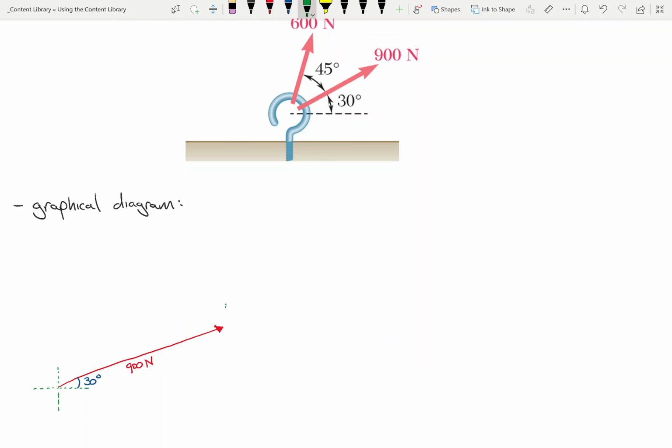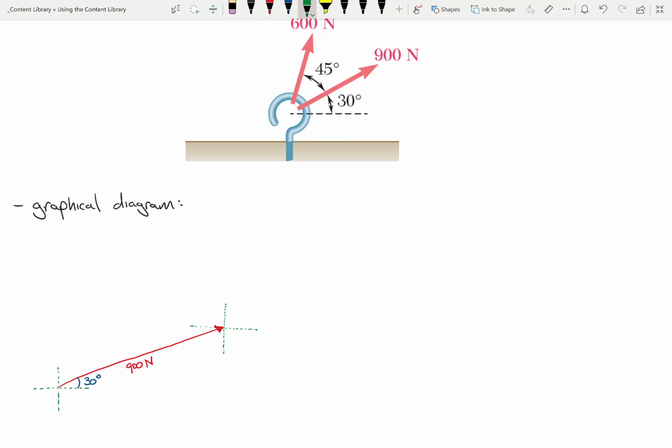What I'm going to do right here, I'm going to draw myself another little coordinate system right here. I'm just sort of putting an X and Y axis right here so that when I start drawing vectors and labeling angles, I have a frame of reference. Now I did the 900 Newton vector.